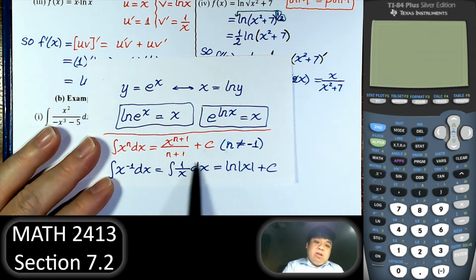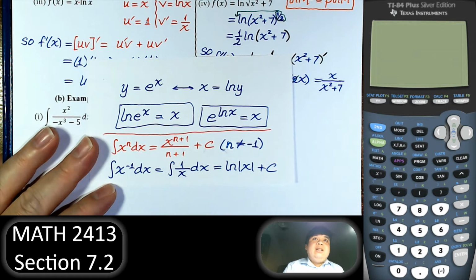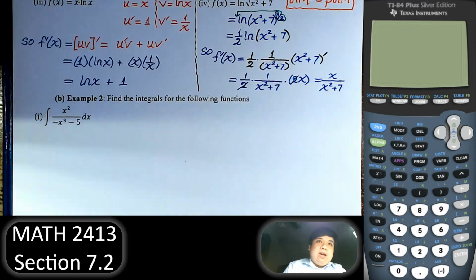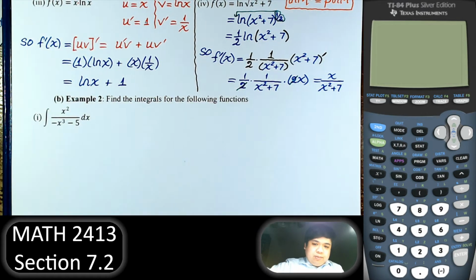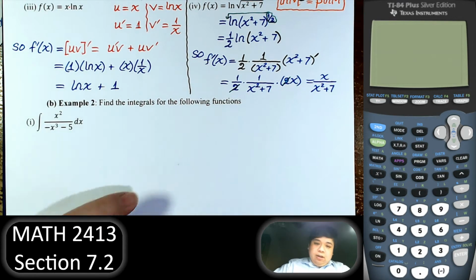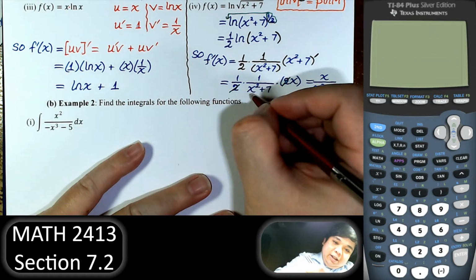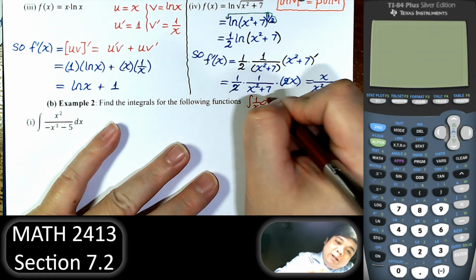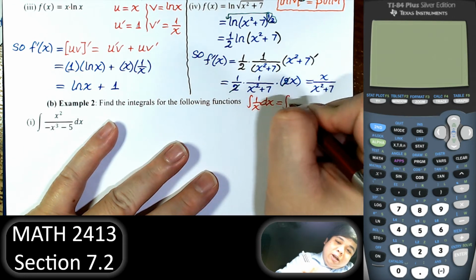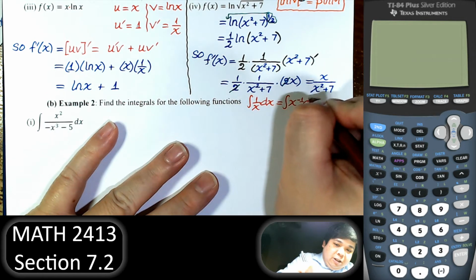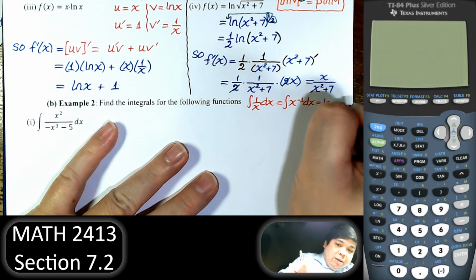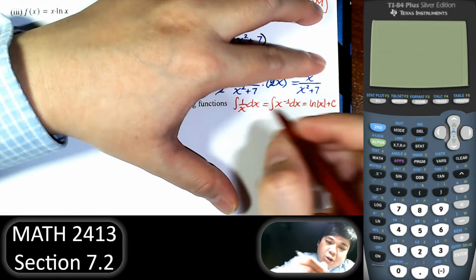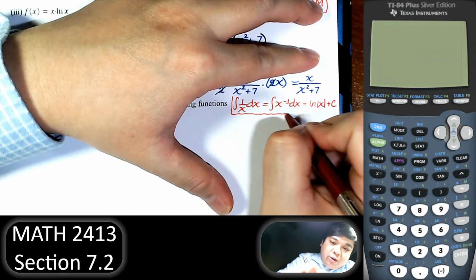Any other power, we can use that power rule, right? So that completes the power rule. So the integral of 1 over x, or the same thing as x to the -1, is ln of the absolute value of x plus c. So that is the rule of the integral.